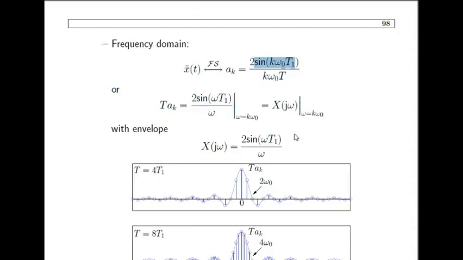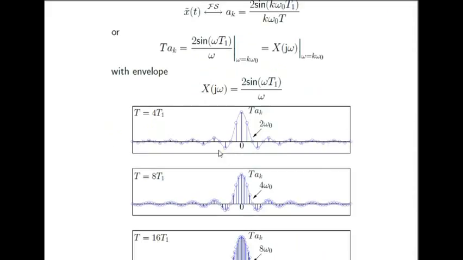I have rewritten it in this form: T a_k equals 2 sin(omega T1) upon omega, and I have replaced k omega naught with omega. And I have assigned it to X of j omega. So X of j omega is called the Fourier transform of this signal. I'll go into how to find the Fourier transform later, but just to understand here, I have represented it with X of j omega.